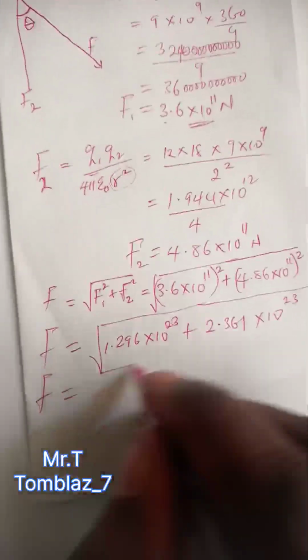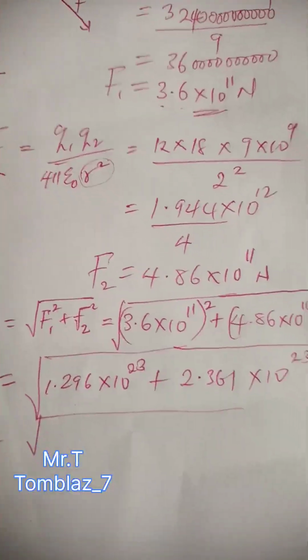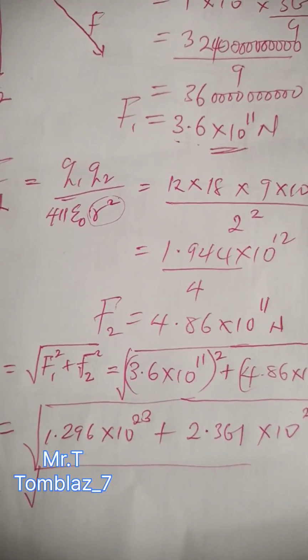So F is equal to the square root of, now let's add those values together.